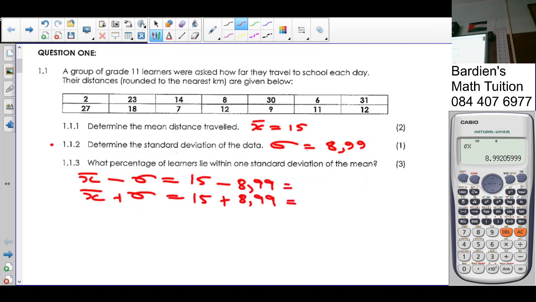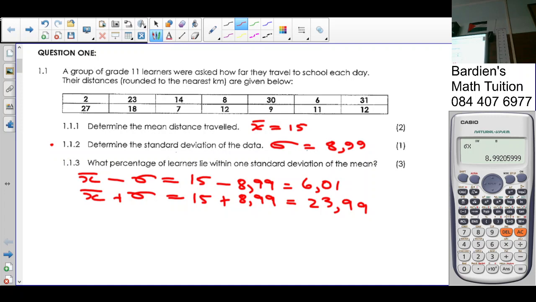What are those two values? 6,01 and 23,99.